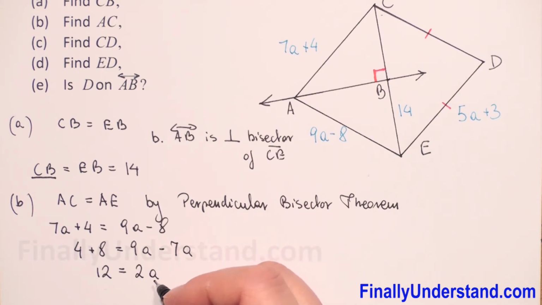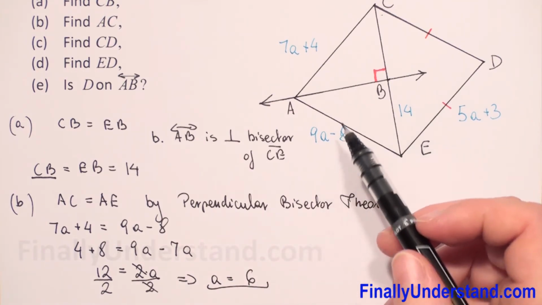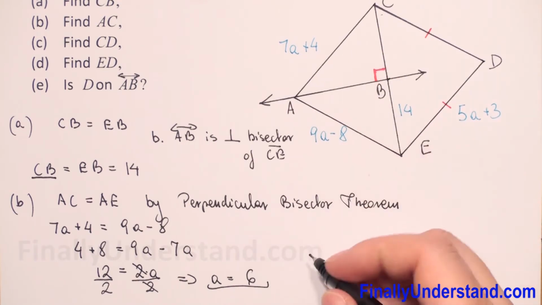So now I will divide both sides by 2 because we have multiplication on the right side, and we need to find unknown a. 2 and 2 we can reduce, and we have a is equal 12 divided by 2 is 6. Now that we have unknown a, we will come back to our side AC.